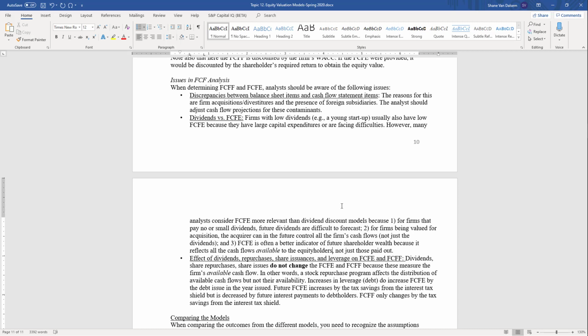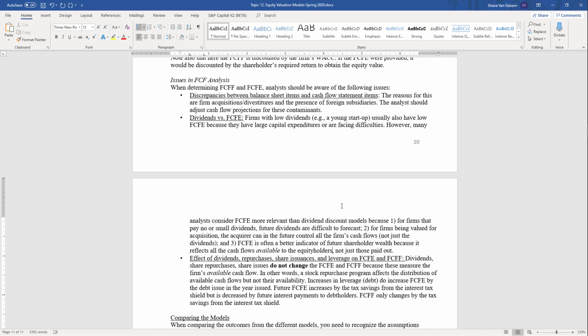And then whatever is left, depending on the type here, FCFE or FCFF, sometimes we also deduct out the interest being paid, and sometimes with FCFF we don't. But in no place are we taking into account cash being paid out to equity holders for dividends or for stock repurchases, because that comes out after we've calculated these cash flows.